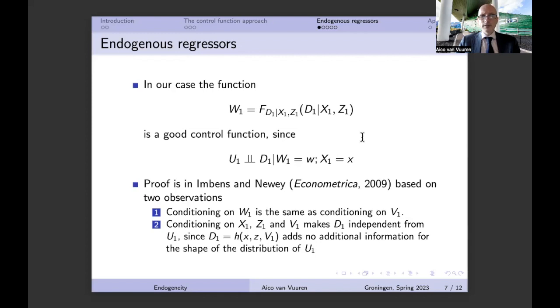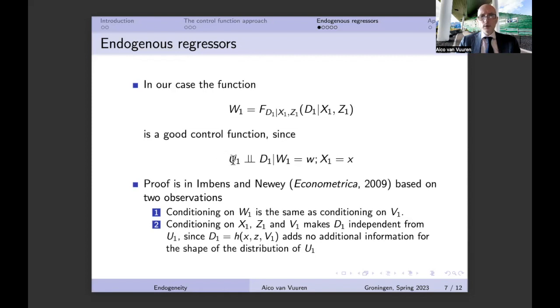Take into account that this is almost identical to the linear regression case, with the only difference that there we only needed uncorrelatedness. So instead of no correlation, we now need independence. You might already have recognized that in non-separable models we usually need independence, whereas in standard linear regression models we only need non-correlation. What does this mean in words?